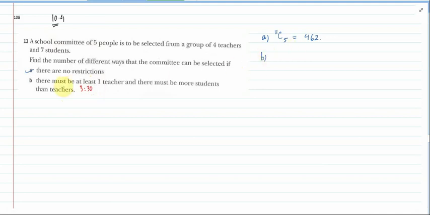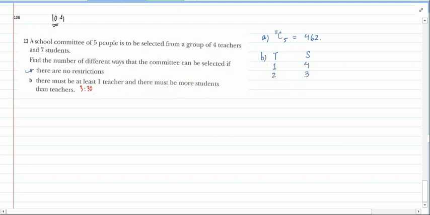Alright, so first I will write down the cases that we will have in this scenario. It says at least 1 teacher, so we have teachers and we have students. The first one, we can pick 1 teacher and 4 students, because the condition also says that students should be more than teachers. We can have 2 teachers and 3 students.